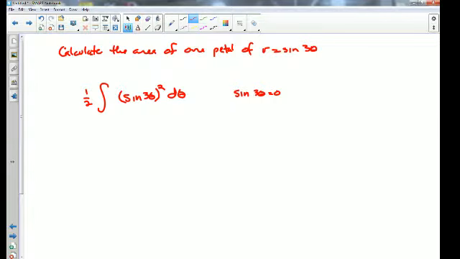If I put 0 in, I get sine of 0. Where else is sine 0? Pi. So 3 theta has to be pi, so theta is pi over 3. And that's actually our one circuit, our first petal.